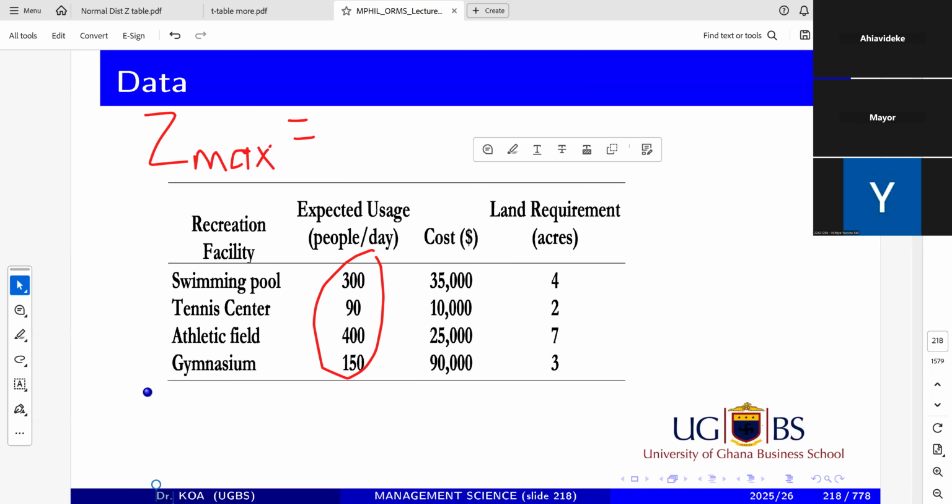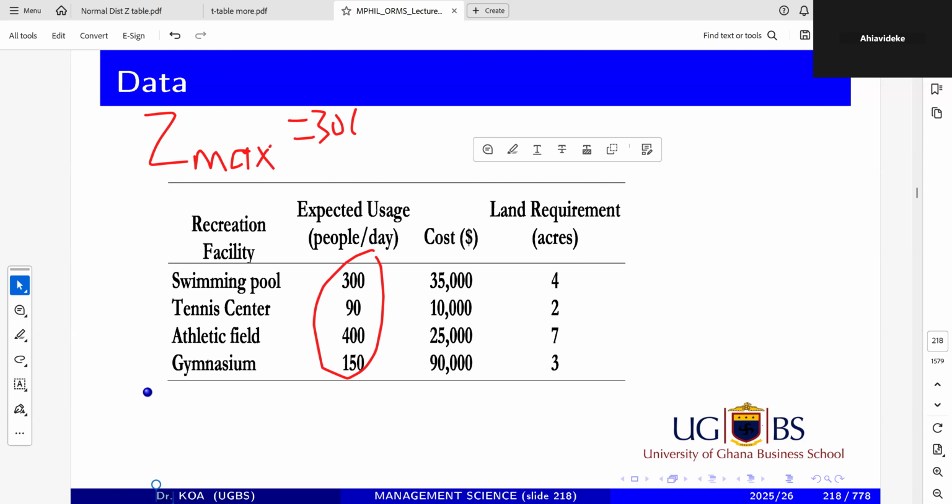Very good. 1 mark for you, Mayor. You are consistently thinking. Now you're going to get 300x1 all the way up to 150x4. So this will be the objective function.